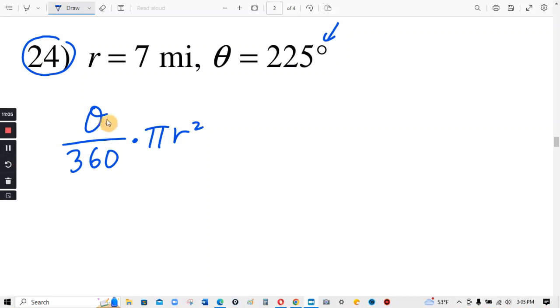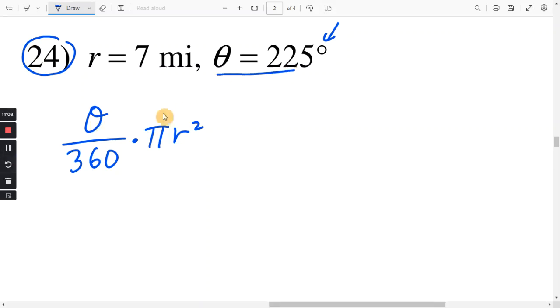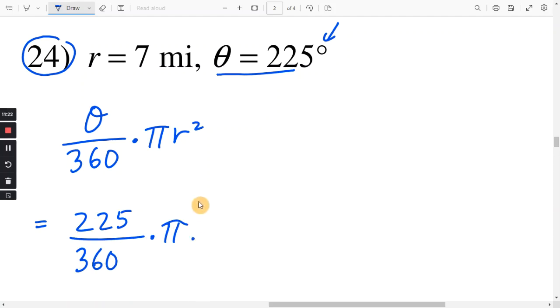Okay, so for the angle theta, I am going to plug in 225 in place of theta. And that's divided by 360. And that's times pi. And that's times r squared. So r is 7.